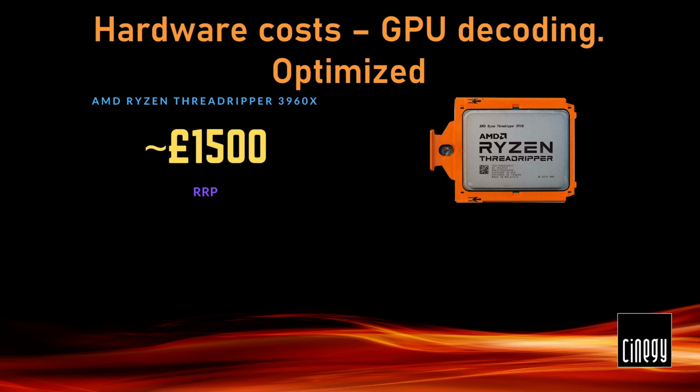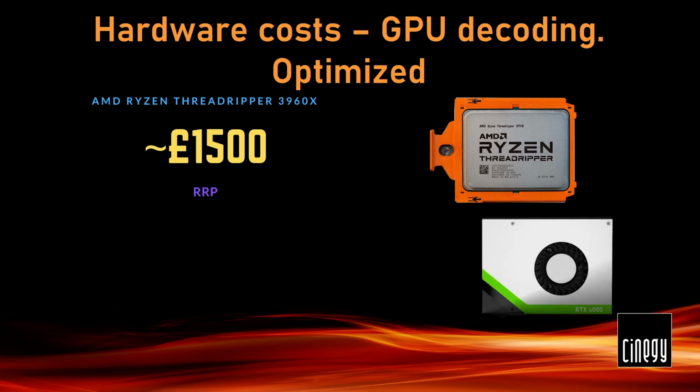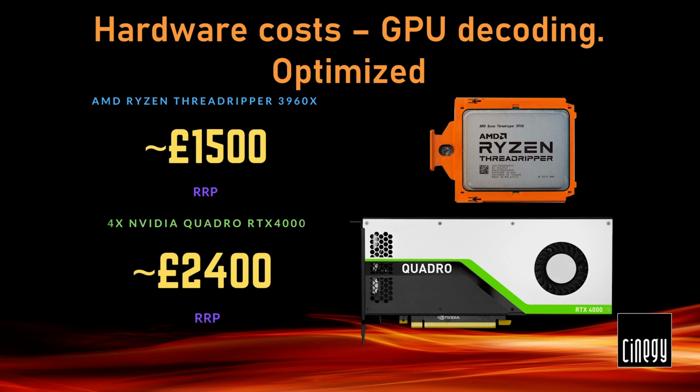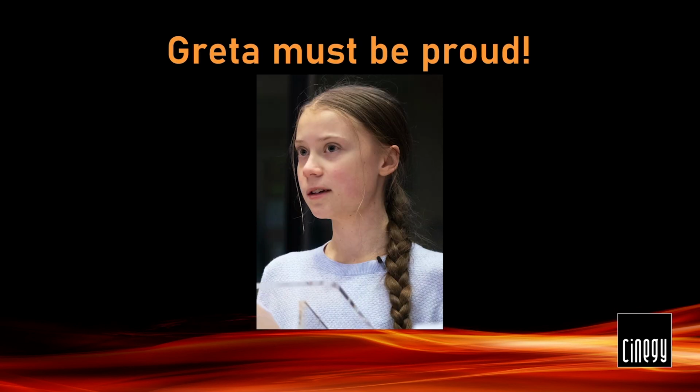The combined cost of 4 Nvidia Quadro RTX 4000 boards and an AMD Threadripper 3960X would barely hit the price of a 3990X chip on its own, and would still be able to monitor 100 HD feeds at a comfortable load. GPU decoding doesn't just offer a supreme density, higher cost efficiency, and better performance. It's also a way to reduce your carbon footprint by using energy-efficient solutions.